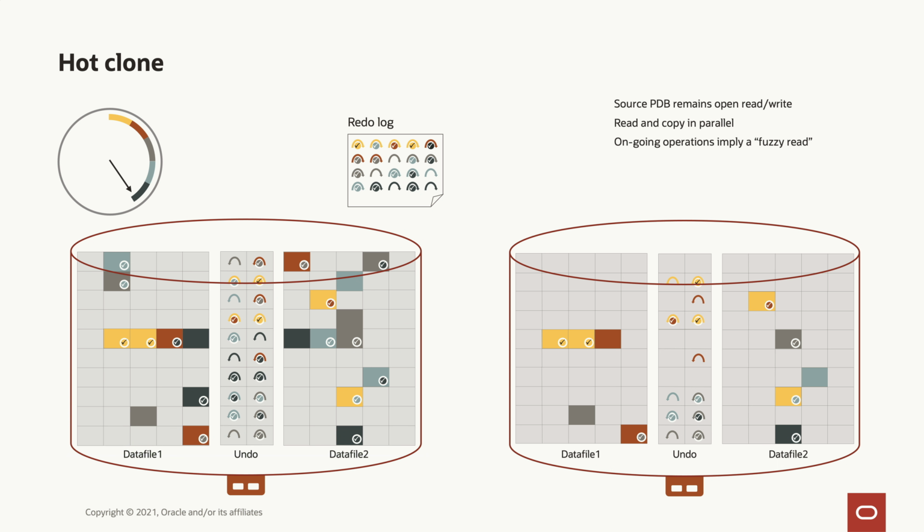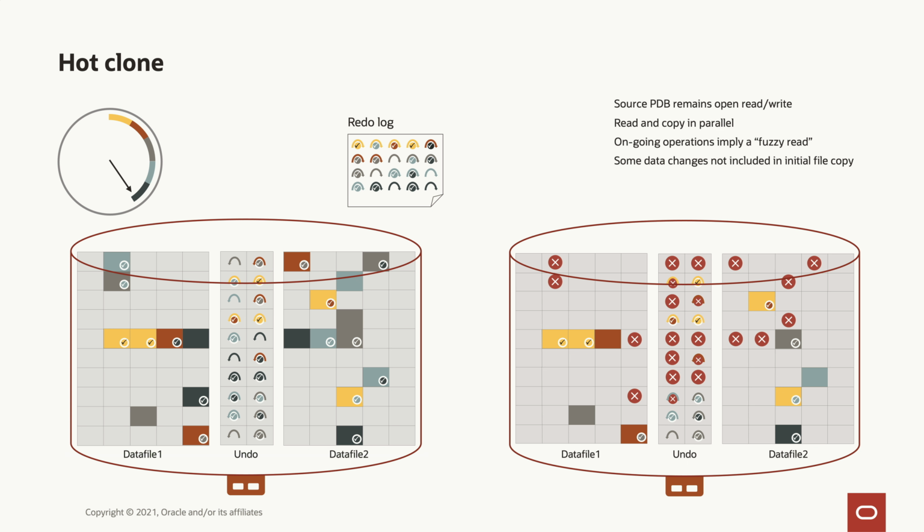As before, we see that some of the changes made in the primary during the cloning operation are reflected in the target. However, some changes made to the primary during the cloning operation happened after those blocks were scanned. Those changes are not yet reflected in the target.